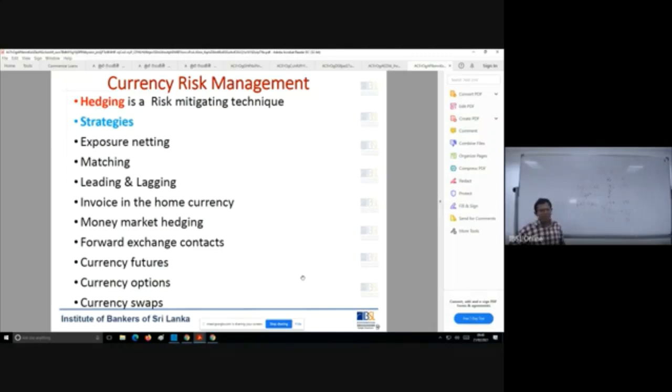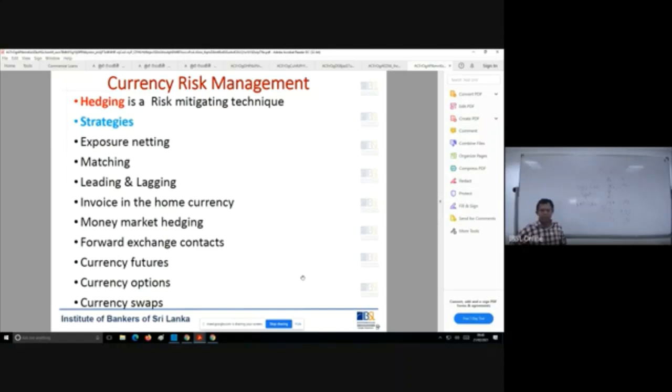Actually, the central bank has put this forward exchange contract ban to stabilize the exchange rate, to curtail unnecessary imports.